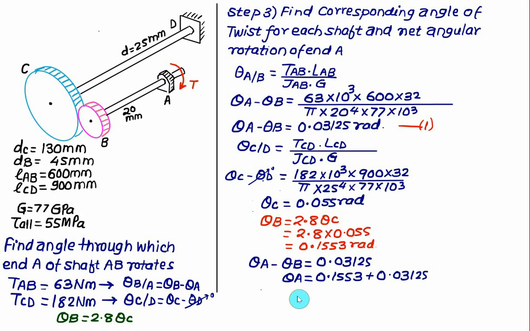This is the absolute angle of twist at A with respect to D, and this value is close to 0.1865 radian. If you want to convert into degrees, you have to multiply by 180 divided by pi. So finally we'll get a twist of 10.68 degrees.